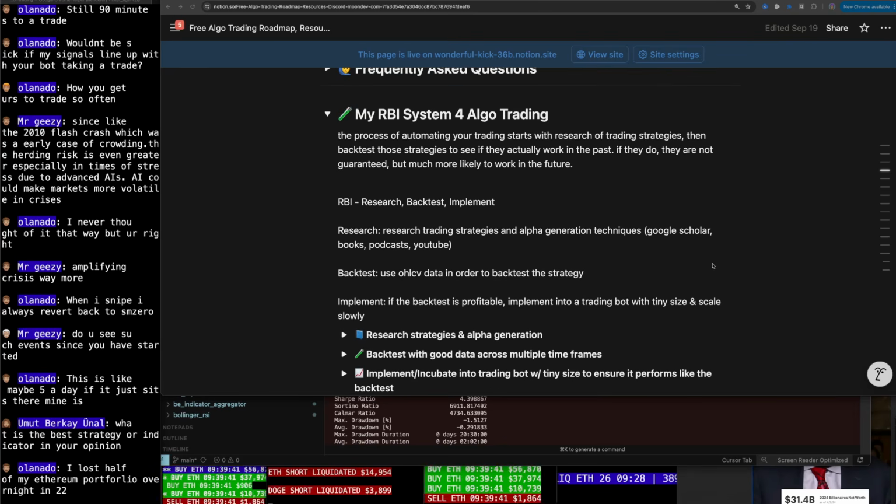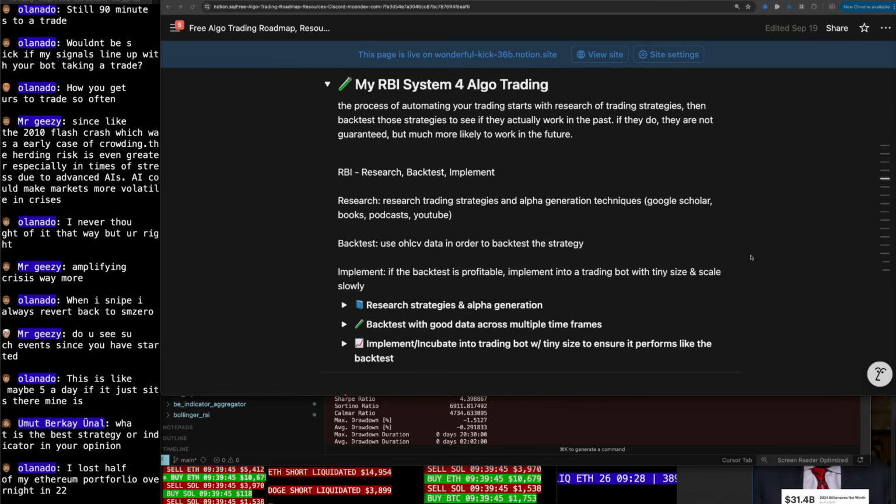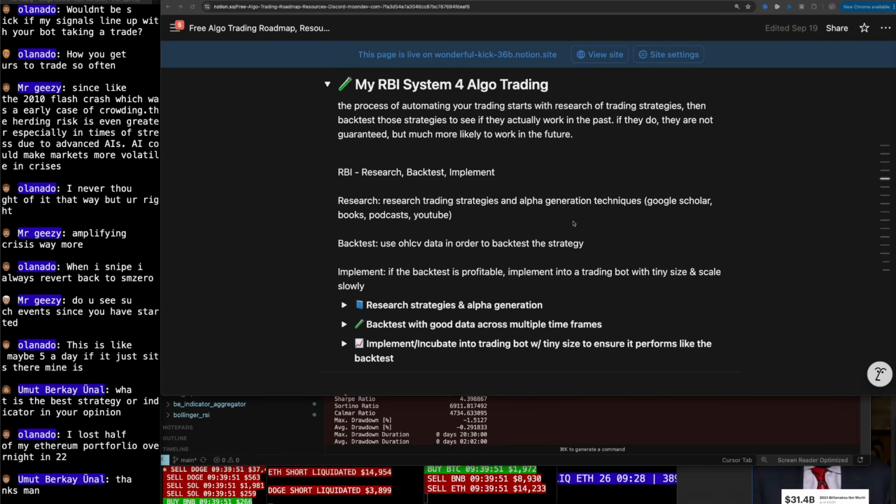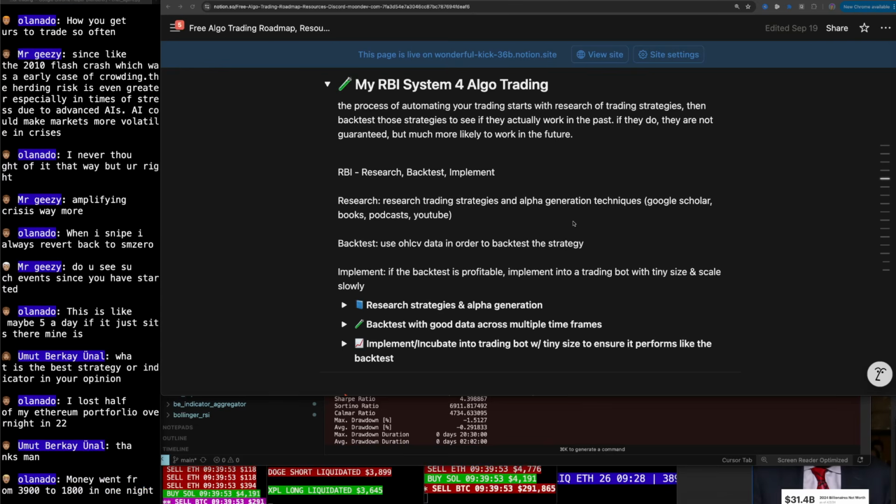Not guaranteed, just much more likely, I'd say. So it's an RBI system. I research, then I backtest, and then I implement into trading bots if they work.